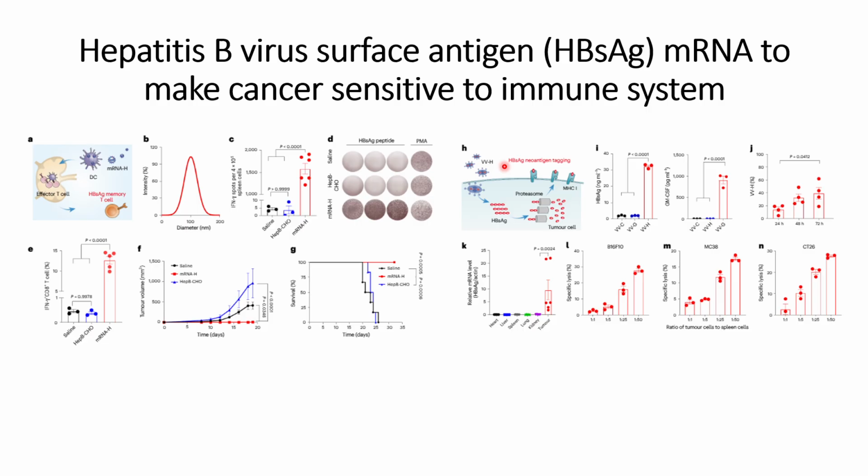Then they check whether HBs neoantigens are expressed on the tumor cells or not, and the process that they expect is shown in panel H. When they check this in the controls and in the VVH, they are able to see that the HBsAg neoantigen can be expressed using the virus formulations.